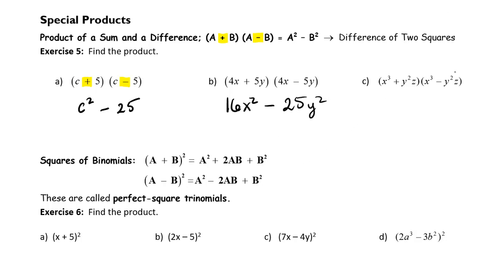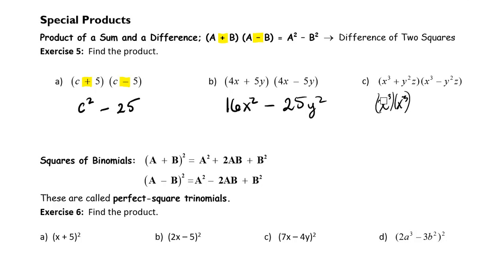And lastly, we have this x cubed plus y squared z times x cubed minus y squared z. Well, remember, we're just squaring the first term and subtracting the square of the second term. The pattern will still hold. So if we squared x to the third, that would be like x to the third times x to the third.